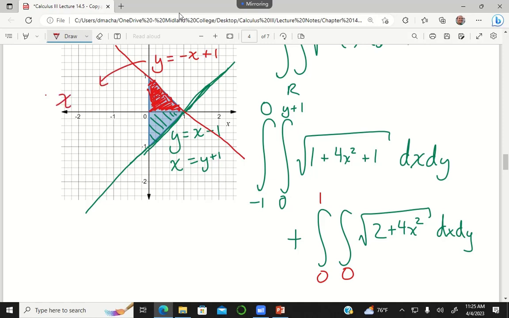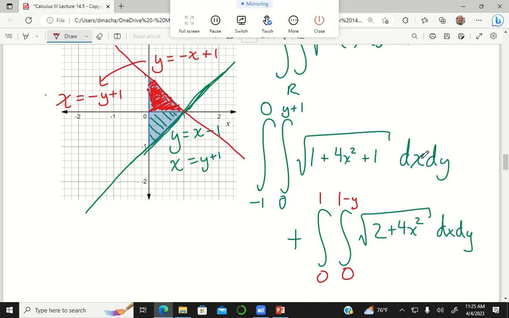In terms of x, that's x equals -y plus 1? Yeah, okay. x equals -y plus 1. So the upper bound here can be 1 minus y. But I had to write 2 double integrals because I had to break up my region into 2 sections, because my upper bound of my x variable was going to be piecewise.